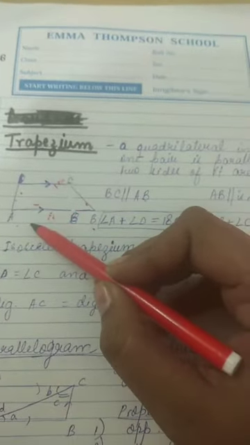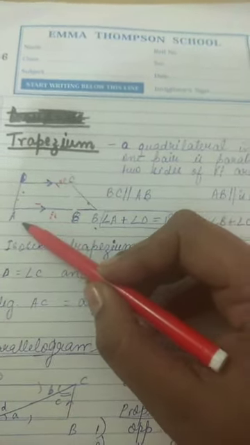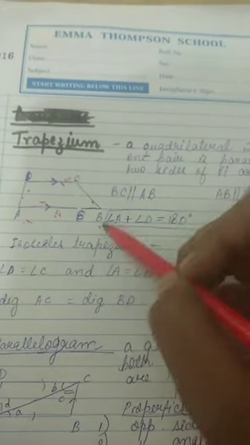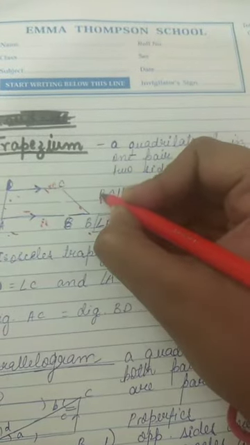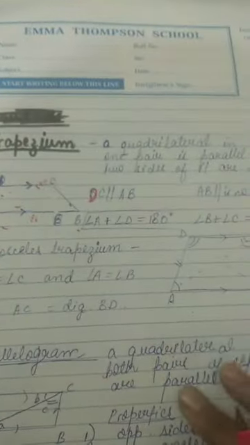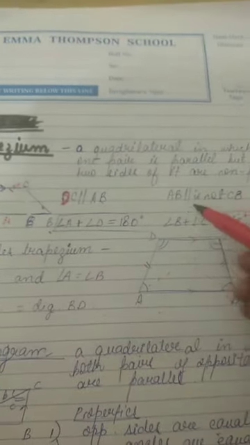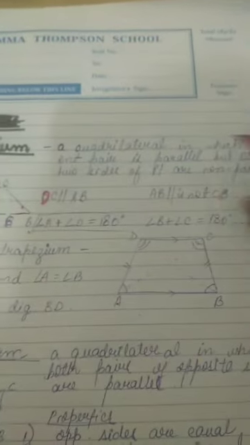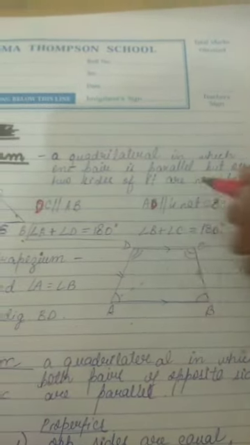AB is parallel to DC, and the non-parallel sides are AD and BC, or you can say CB, both are correct.